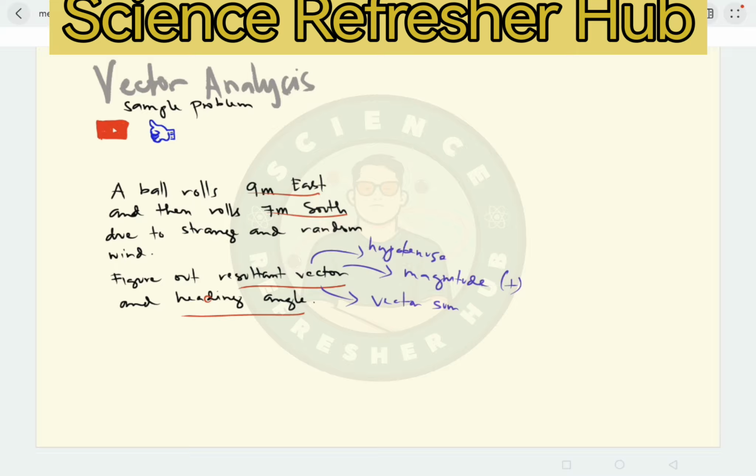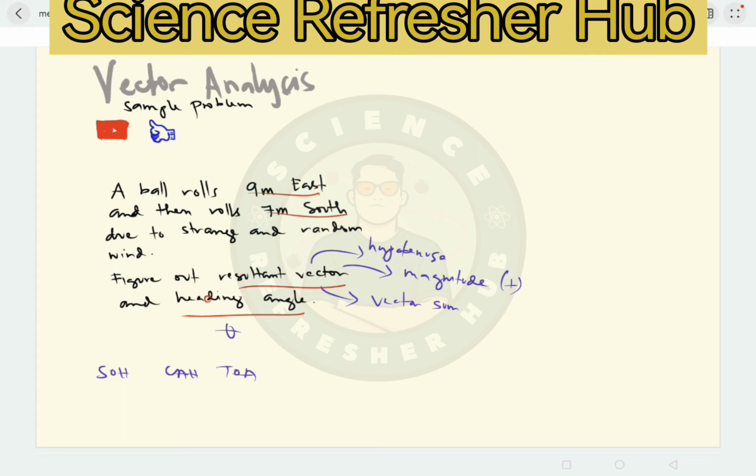We also have another task here, to find the heading angle, or our theta. We will be incorporating our SOH-CAH-TOA trig functions here in order to figure out the sides of the right triangle as well as to determine the angle with respect to the direction.